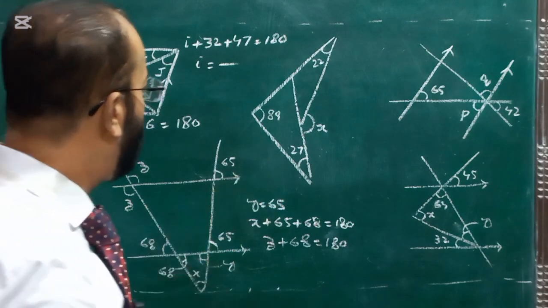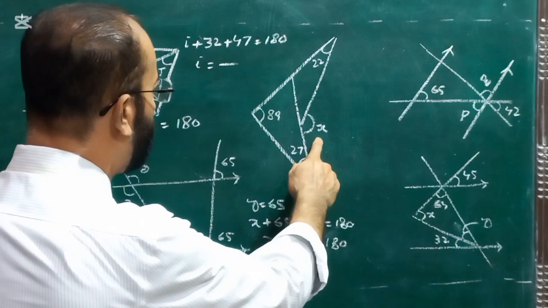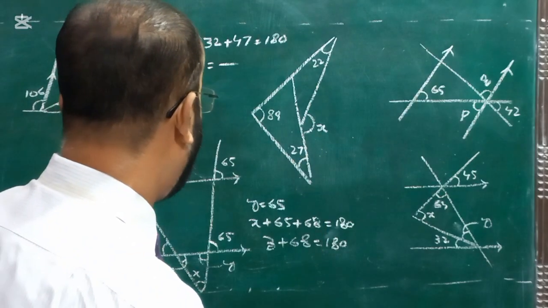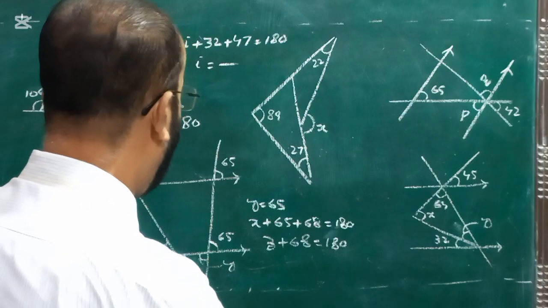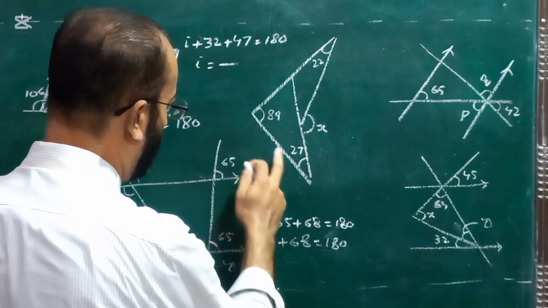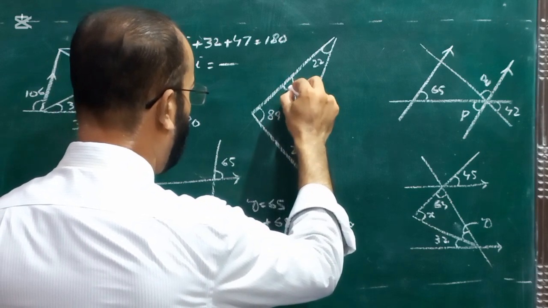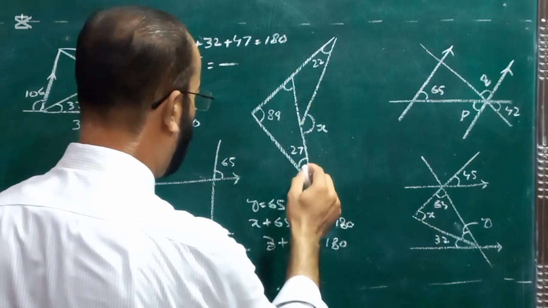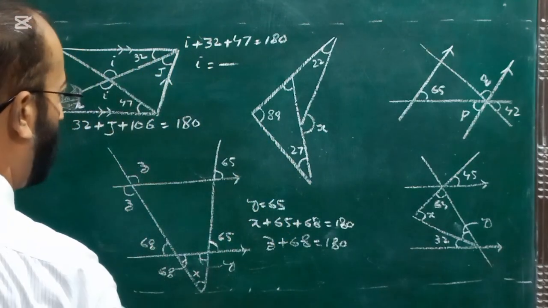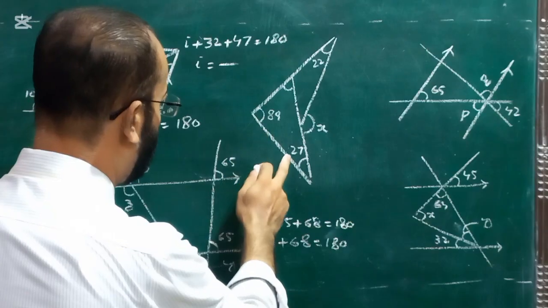If you come into this question, this X is the missing value. So 89 plus 27 is 106.